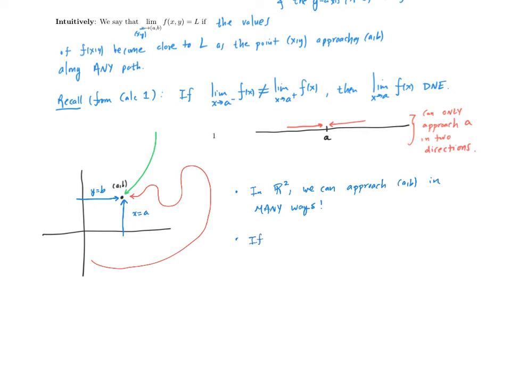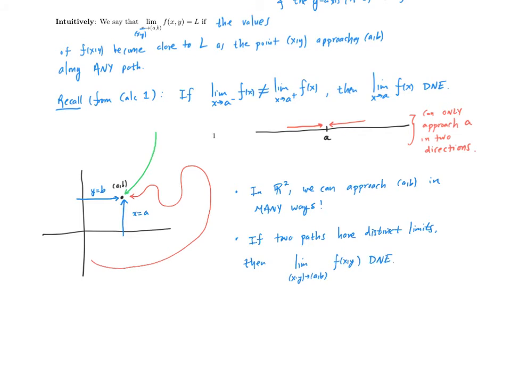So if two paths, and I'll call these things paths, have distinct limits, then the limit itself as (x, y) approaches (a, b) of the function will not exist.